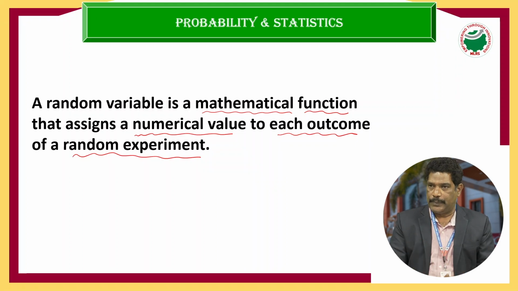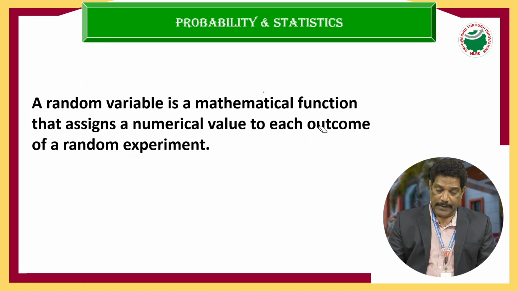Whatever experiment you do, you will get some outcome. For that outcome, we are going to assign a numerical value. That type of mapping is a mathematical function. Such a mathematical function is called a random variable, right?